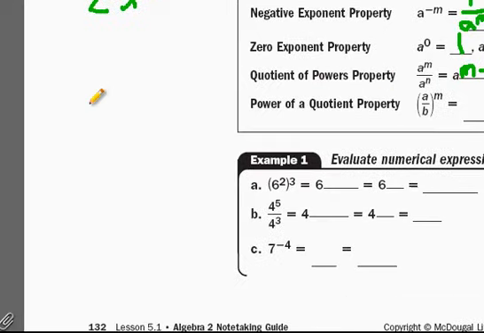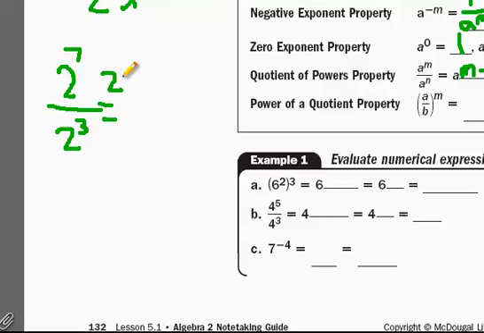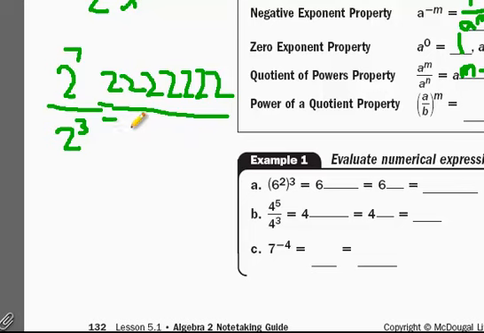And maybe I can make this make more sense with some numbers. If I did something like 2 to the 7th over 2 to the 3rd. Well, on the top I have 2, 2, 2, 2, 2, 2, 2, over, on the bottom I have 2, 2, 2. Anything the same top and bottom here?